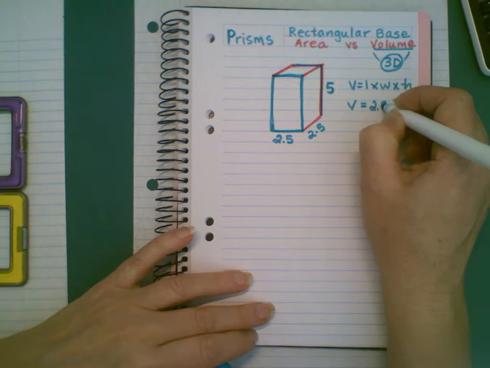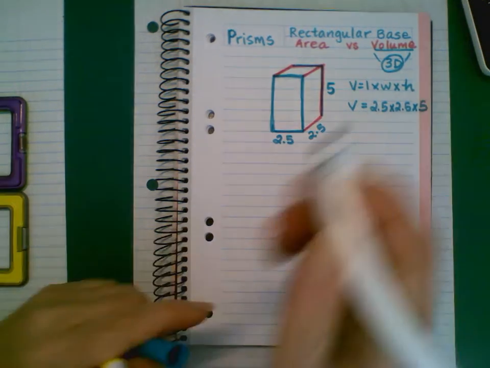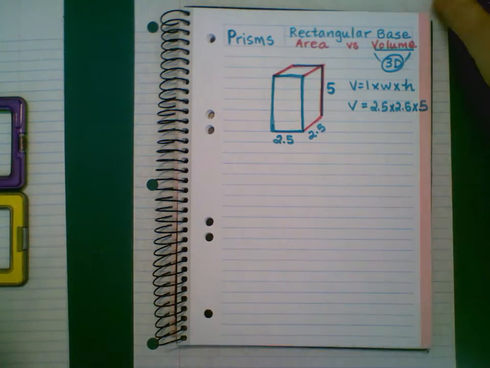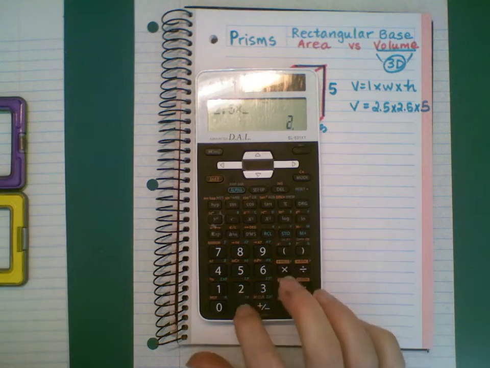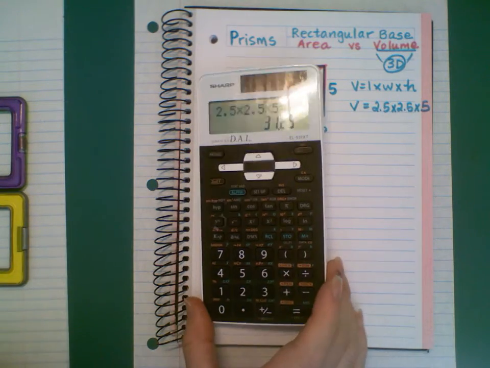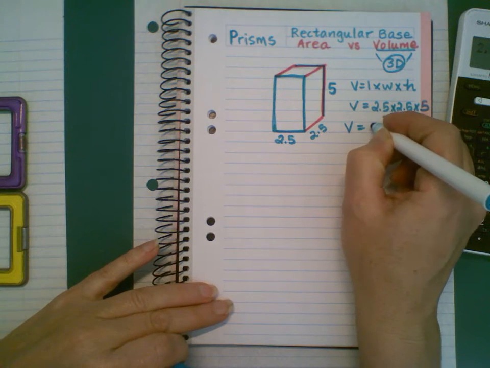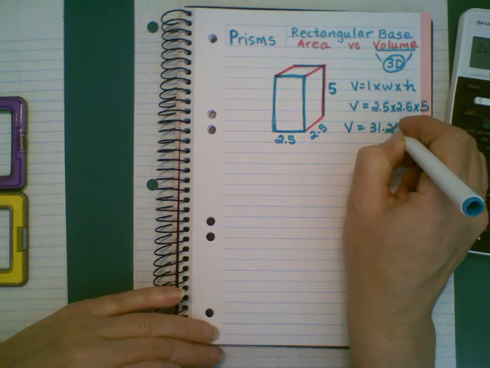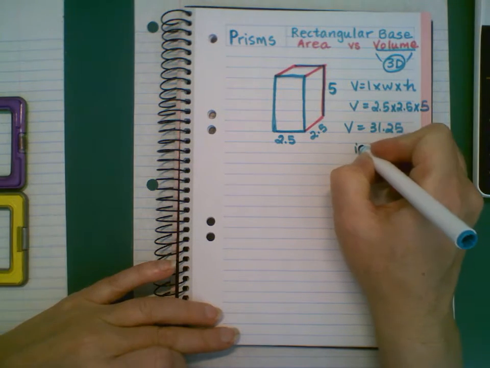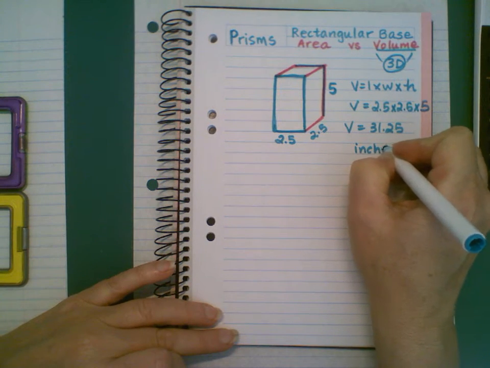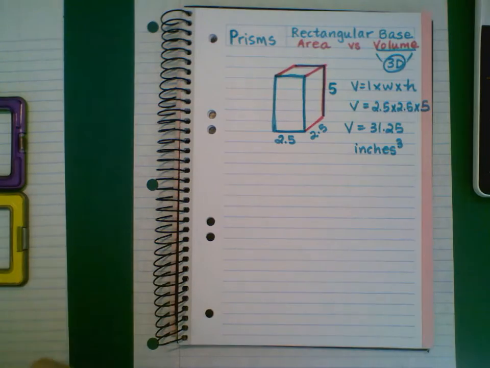So I've got 2.5, 2.5, and 5. And that's 31.25. And in this case, they are measured in inches, and they're cubic because it's a volume.